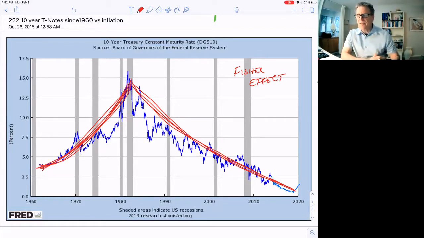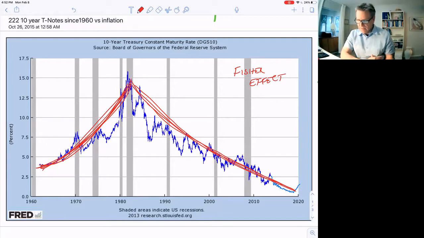Then in 1982, inflation started coming down, and we went from over 10% inflation to 1.4% recently. And the Fisher effect means that nominal interest rates are falling.